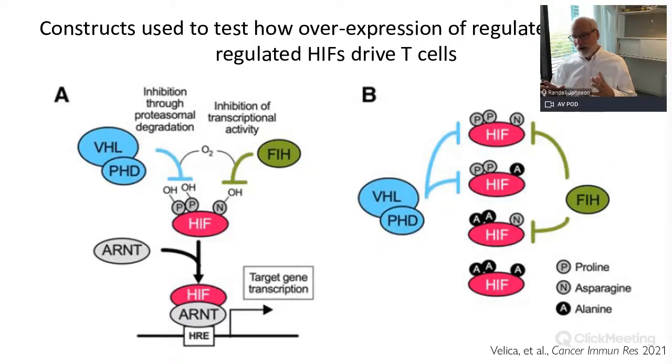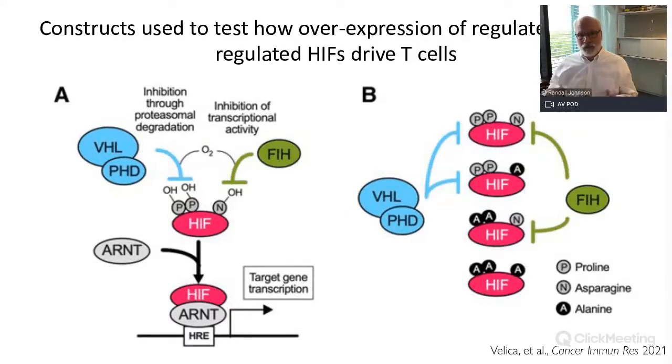FIH modifies HIF transcriptional function, also, as I said, in an oxygen-sensitive manner. And what Pedro did was actually ask, to what extent are these differentially acting: the FIH pathway, which of course affects transcriptional regulation, versus the VHL and much better studied pathway, which acts through control of essentially HIF amounts present in the cell and the nucleus.